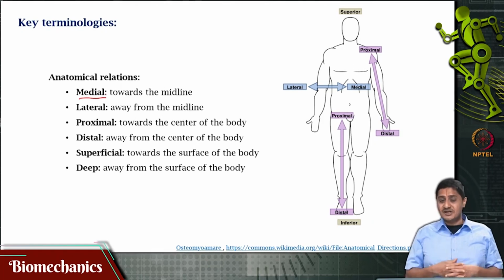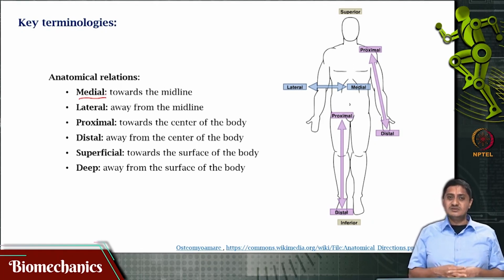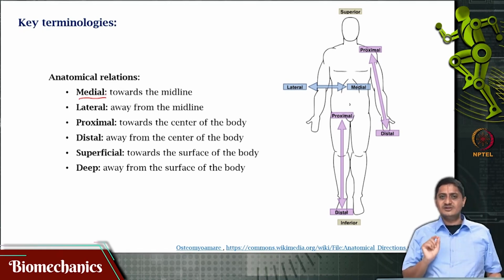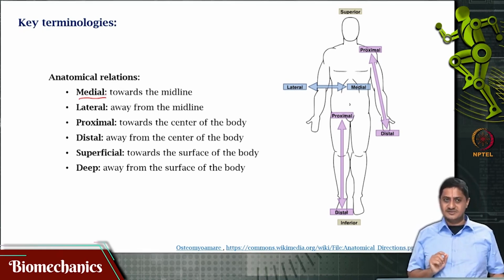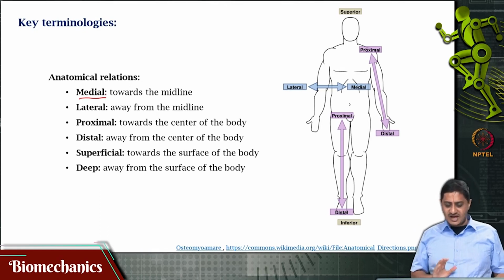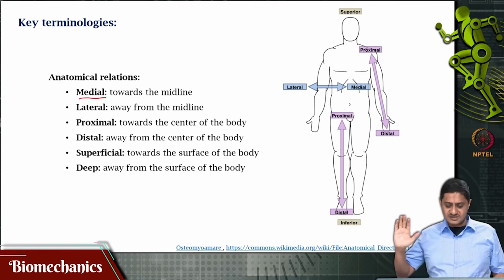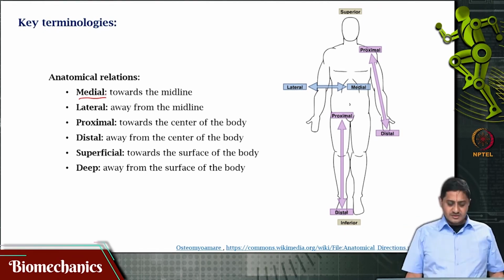So, a given joint may be considered proximal or distal depending on the reference that you are using. So, proximal means closer to the center of the body, distal means away from the center of the body.